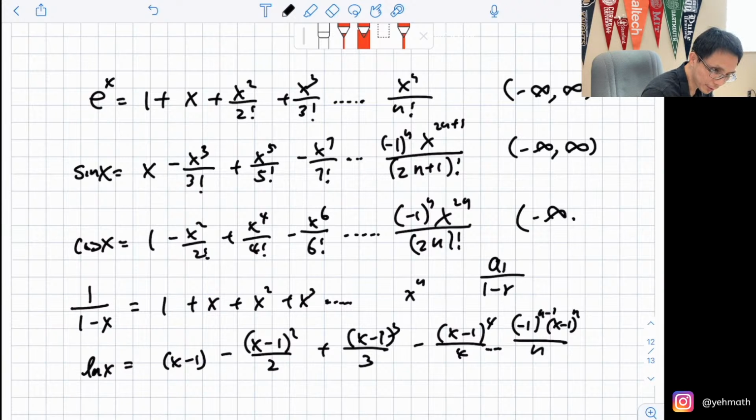Is that negative 1 to 1 for 1 over 1 minus x? The blue is 1 over 1 minus x. The red is part of the series. And natural log of x is between 0 and 2. And this one is from negative 1 to 1.